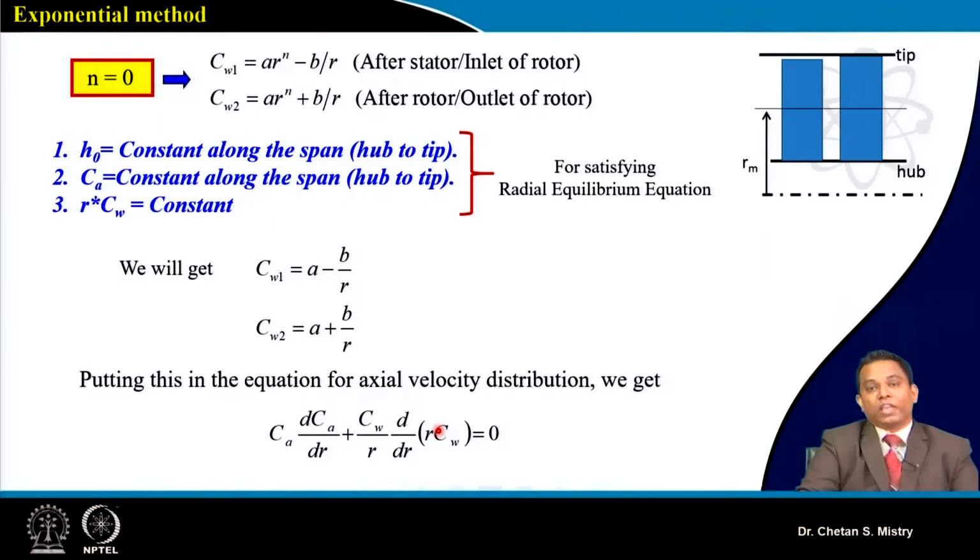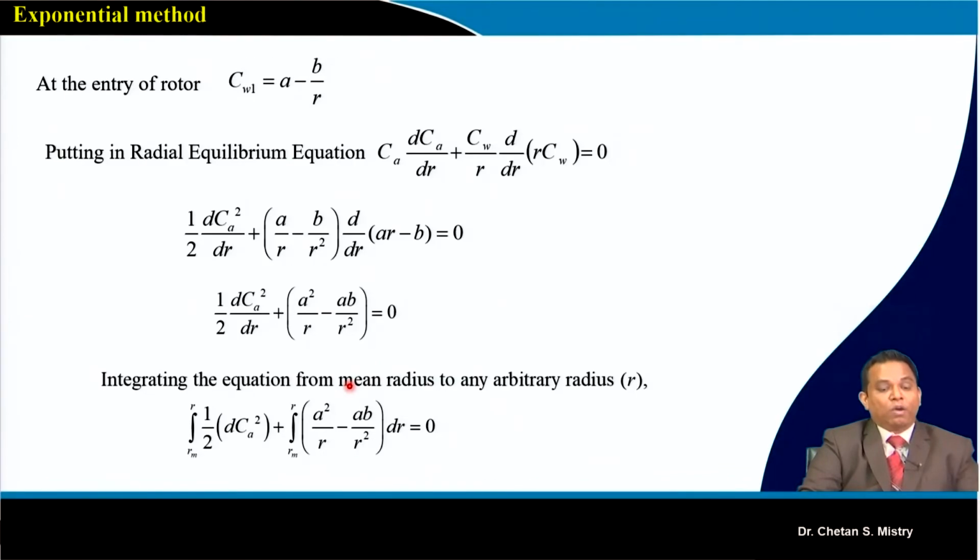Just understand one thing, this represents our situation where my Cw is changing, which means my axial velocity may change. So suppose I consider at the entry my Cw1, which I am writing as A minus B by R. Since my Cw is changing, I need to calculate what is happening with my axial velocity.